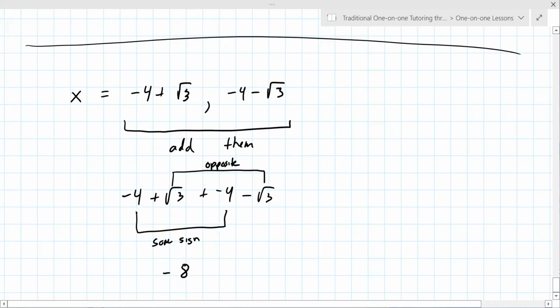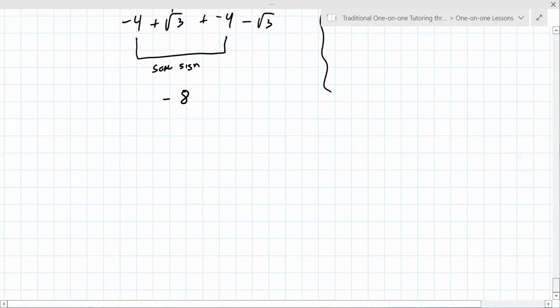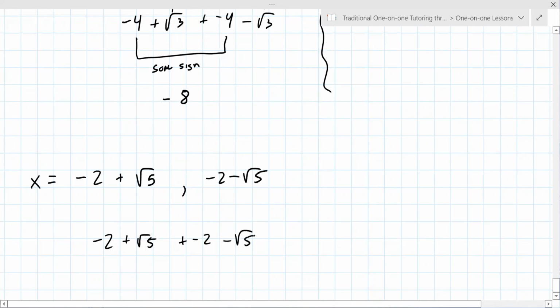That's interesting. Let's look at another one here. Let's say you get -2 plus square root of 5, -2 minus square root of 5. What is the sum of the answers? -4. That's interesting.